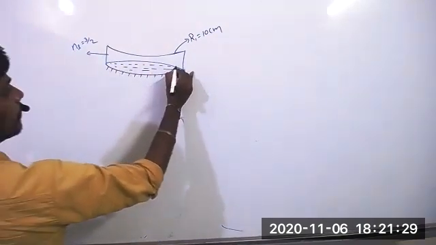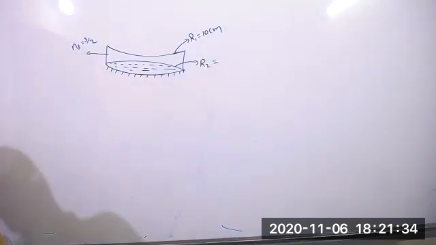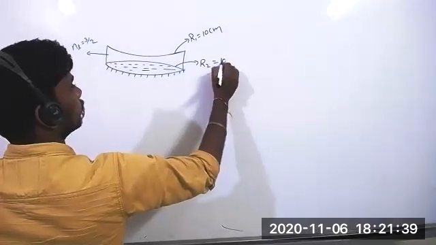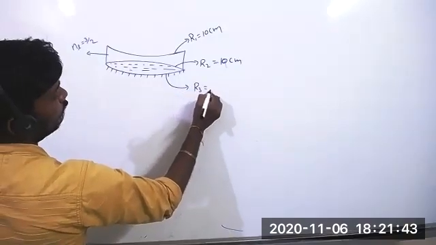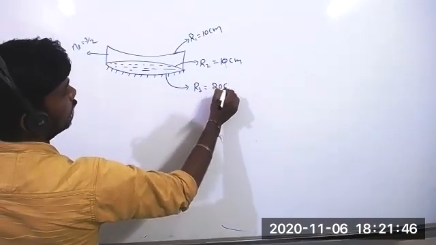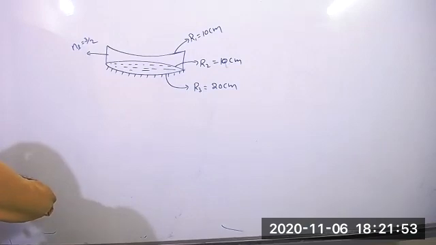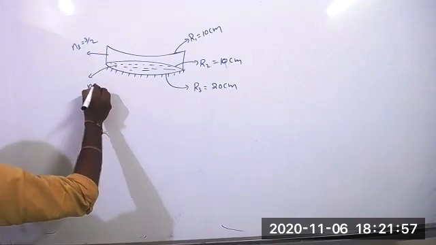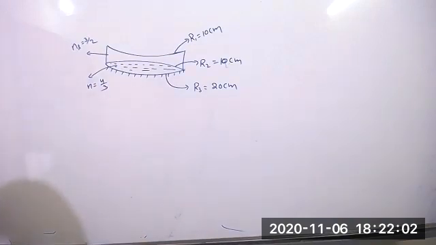And this surface radius of curvature R2 equal to 10 centimeters. This surface radius of curvature equal to 20 centimeters. Refractive index of this lens is 4 by 3.